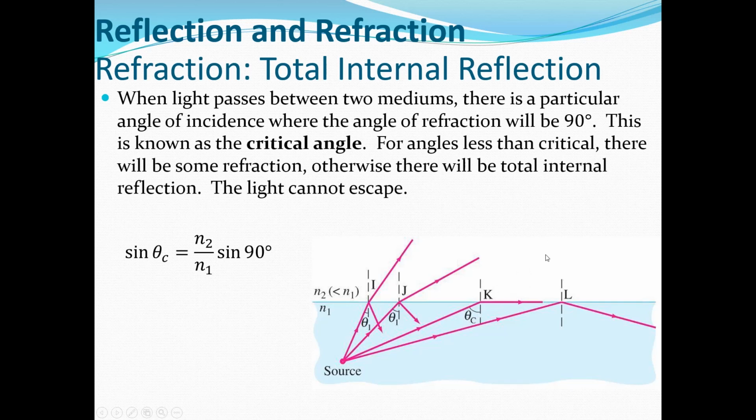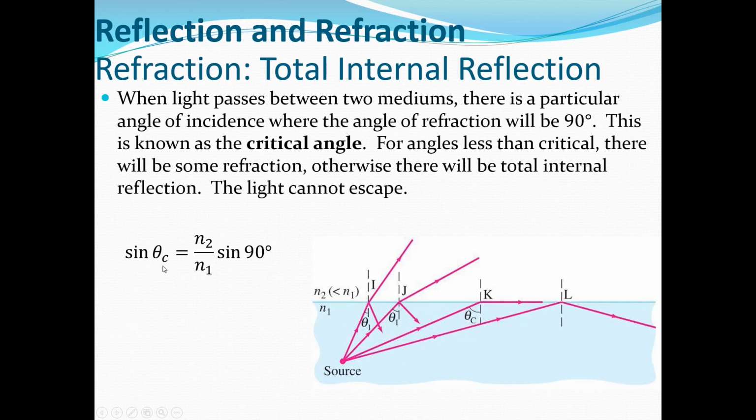So it would be impossible for this ray to have a less than 90-degree angle and create something in water that has something greater than 90. But for here, doing the reverse, it is always possible to find an angle that will not allow for refraction to occur when you go from slow to fast.